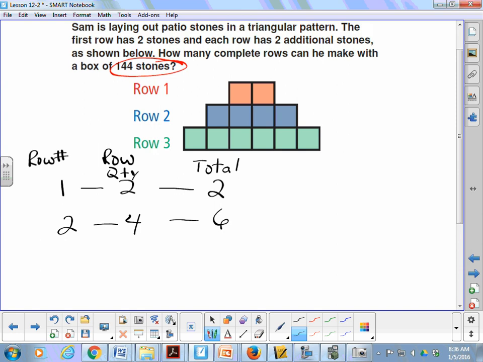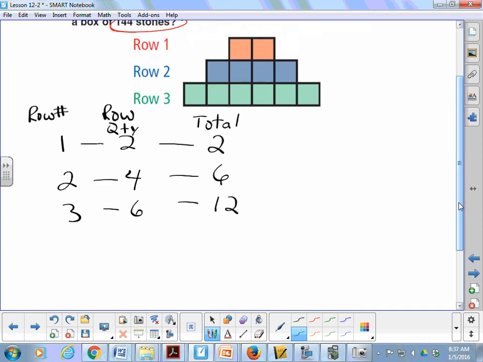We've used 6 stones now. Row 3 is 6 stones. Now I have 12. By making the table and keeping track, it makes things easier for me to make sure I don't go over. Row 4 is 8. Now I have 20.